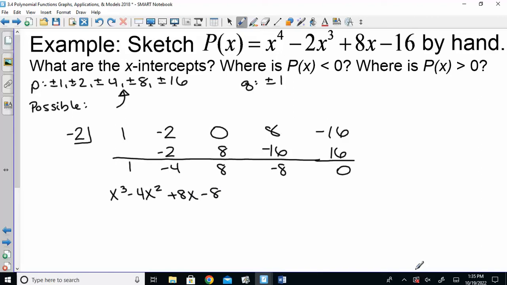Is this something I can easily factor yet? So what do I do now? Synthetic again. What else can I do synthetic with? 2?